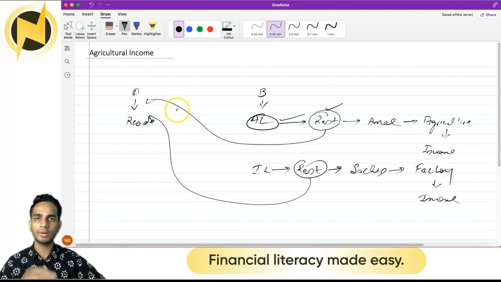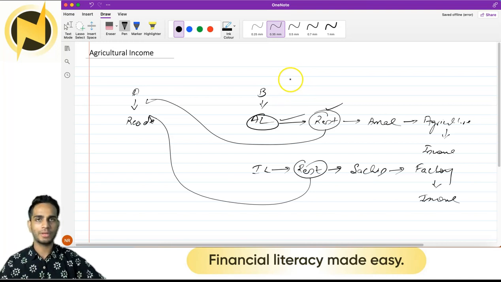It is considered normal income and will be taxed depending upon what I'm renting it out as. If I'm renting it out as land, it will be taxed under income from other sources. If I'm renting it as a factory, then other laws will come in. We'll have to check what it is. It can be either income from house property or income from other sources, or at times it can be profit from business as well.